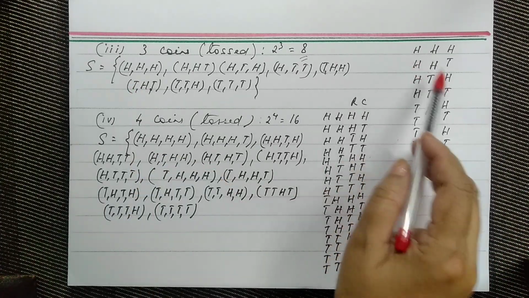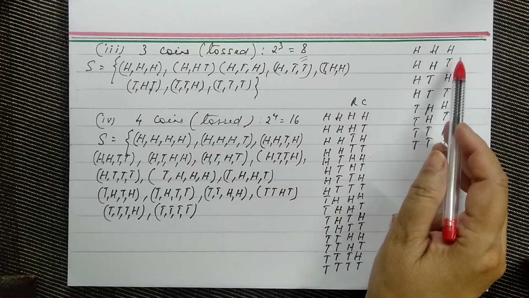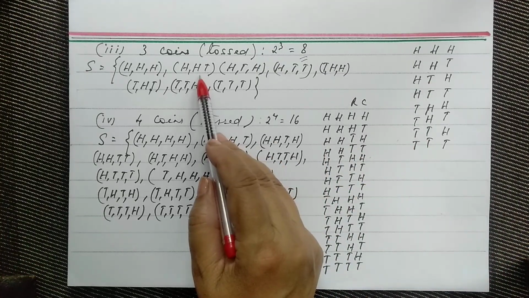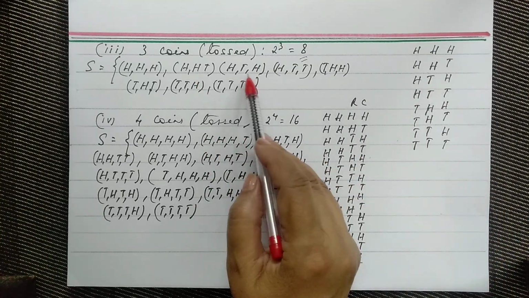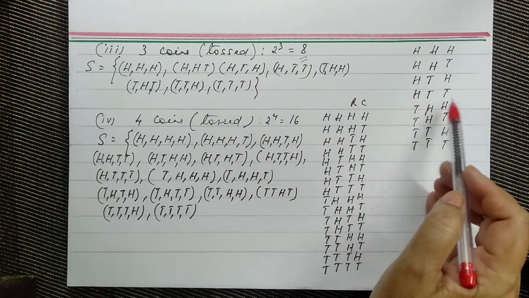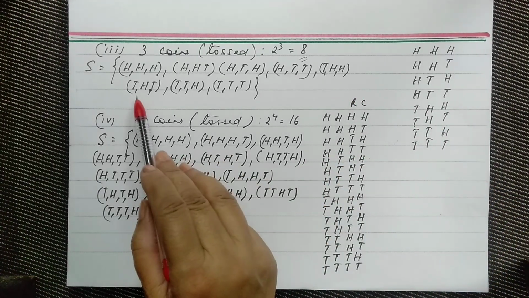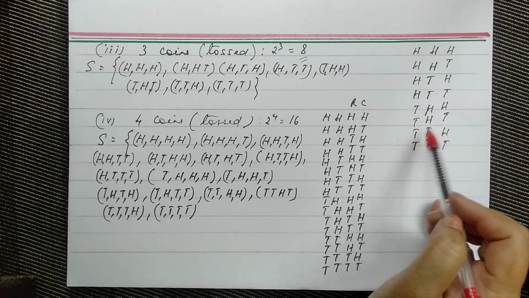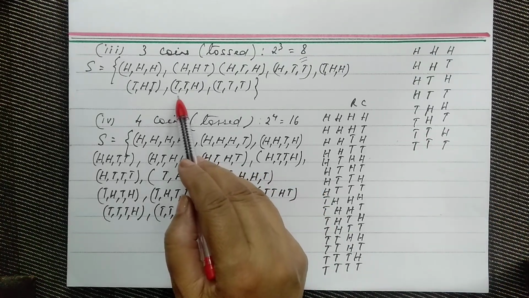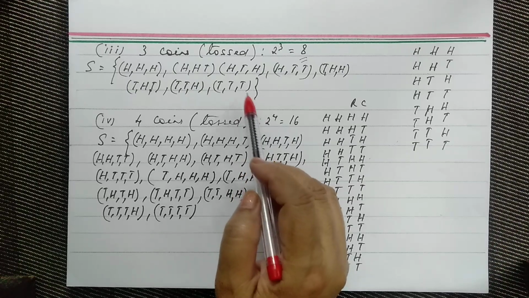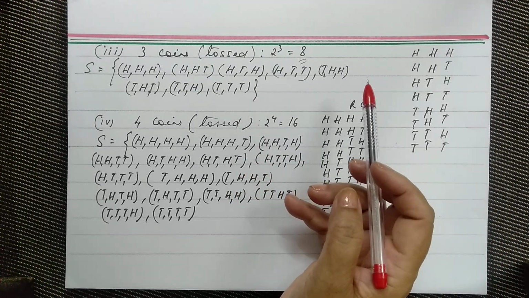The same sequence you had over here: H, H, H, triple H here, then H, H, T, then H, T, H, H, T, T, T, H, H, T, H, T, T, H, T, T, H, T, T, then T, T, T. All tails here.